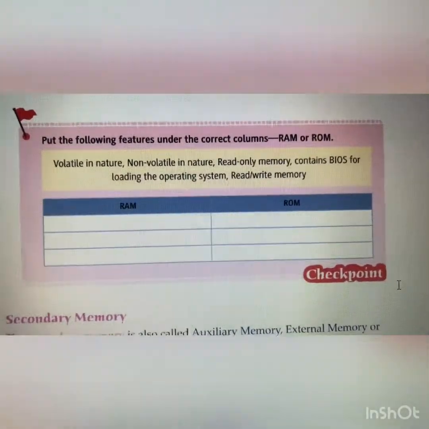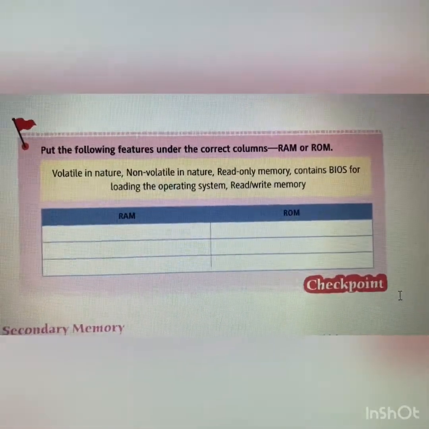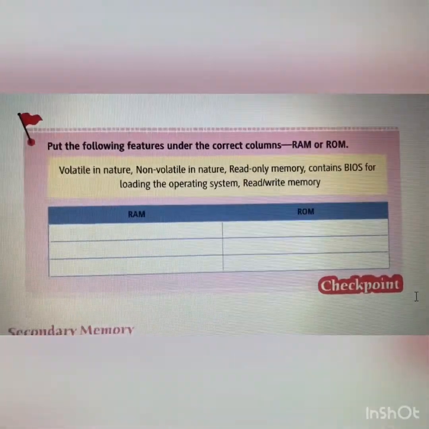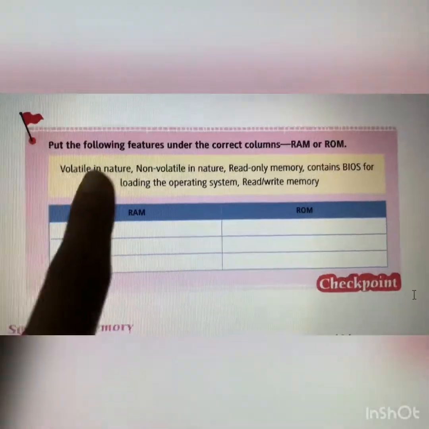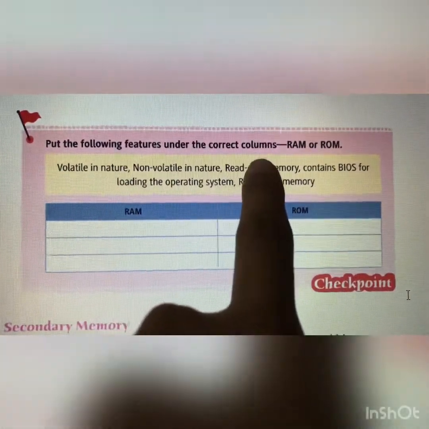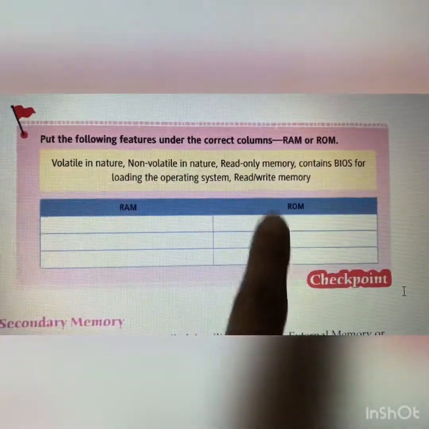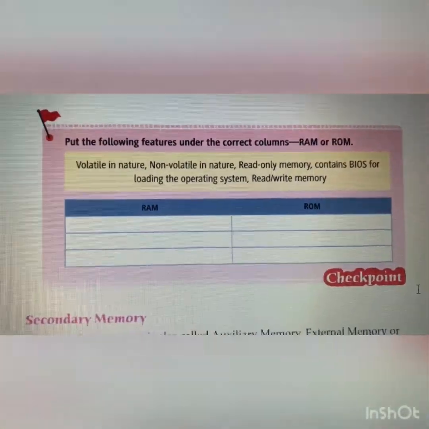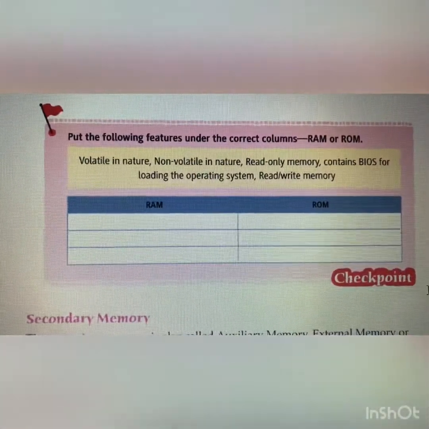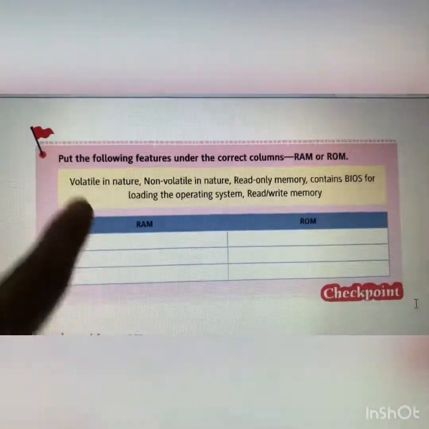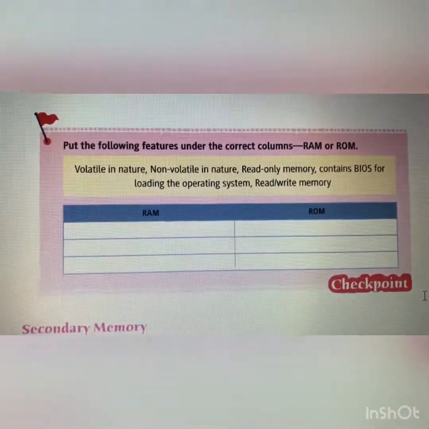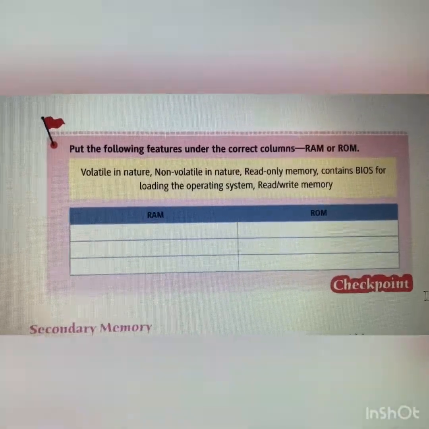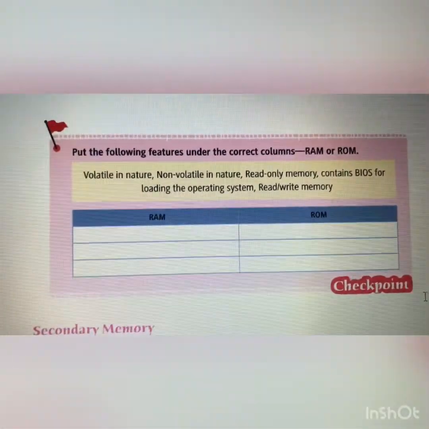Take out your pencil and course book, page number 13, we are going to do this checkpoint. Put the following features under the correct columns, RAM and ROM. First is volatile in nature. Which one is volatile in nature? Yes, RAM. Non-volatile in nature, ROM.